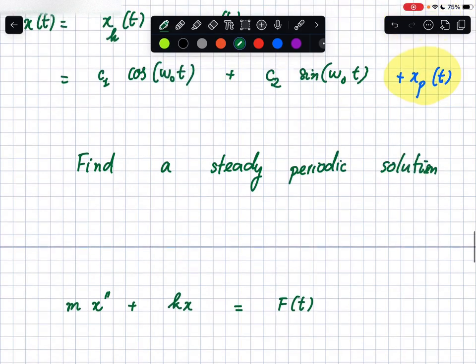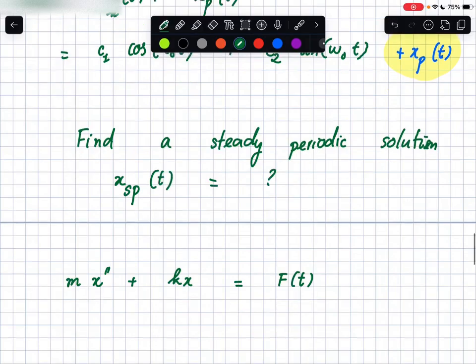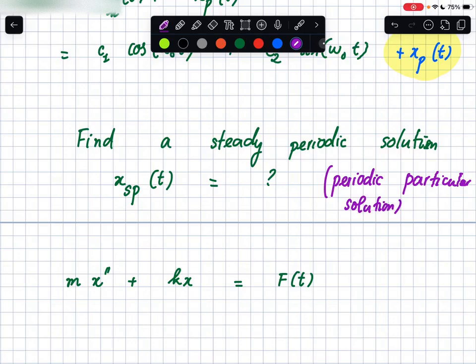So we will find the special one for x_p. I call it x steady periodic, x_sp(t), the periodic particular solution, using the Fourier series methods. And we use Fourier series.